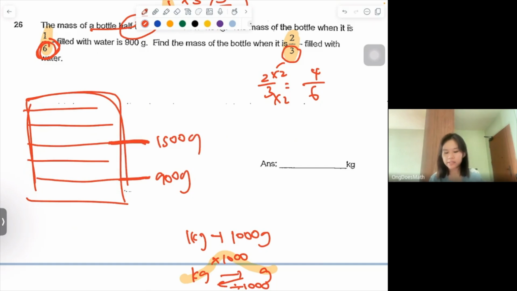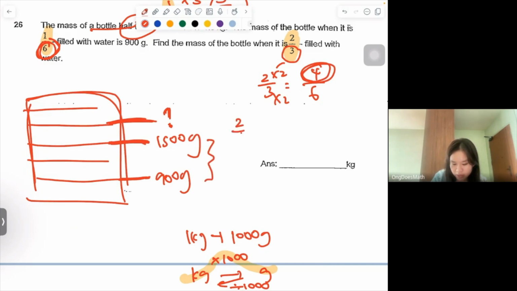Okay, so now they want you to find the mass of the bottle when it's 2/3 filled with water. So what happens to the mass when the water level is at the 4th marking? Because it's the 4th out of the 6th marking. So this is the question mark we need to find. Can you see that if we take 1500 gram minus 900 gram, we can find out how much 2/6 water weighs?